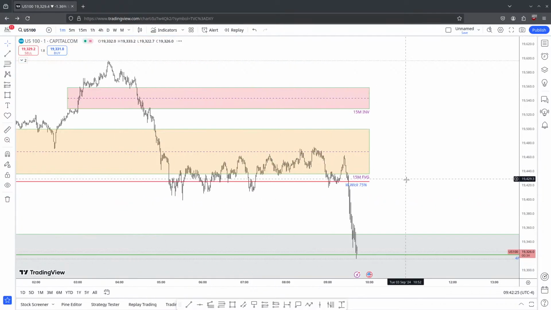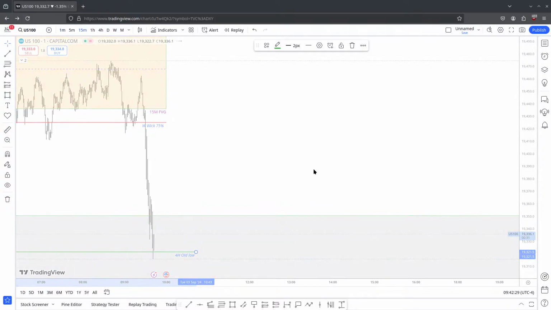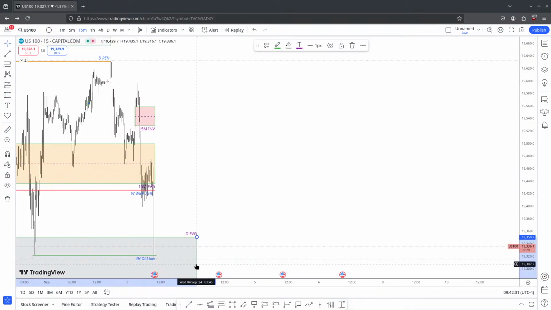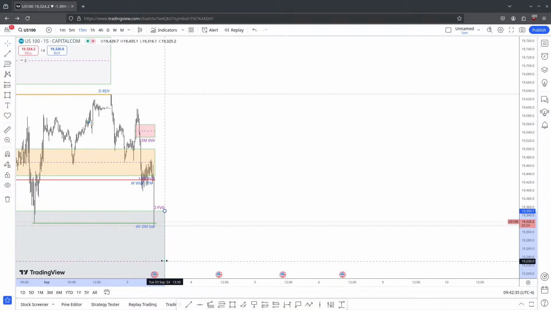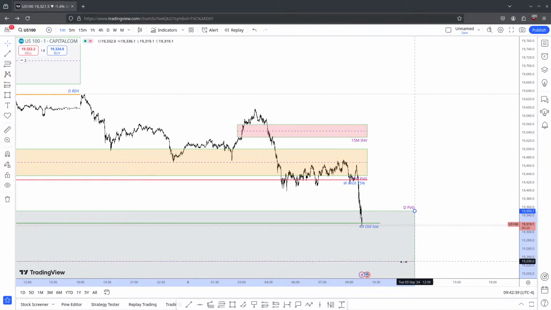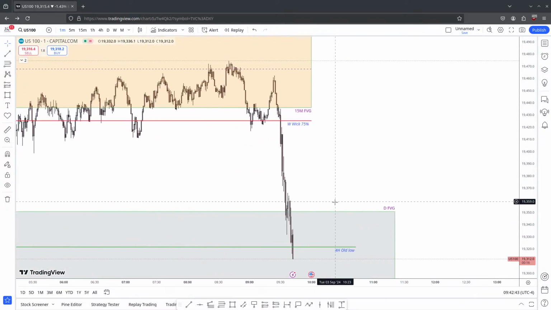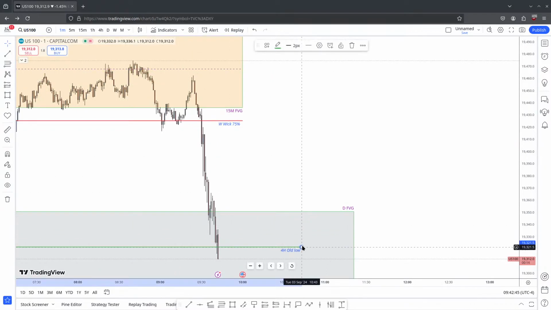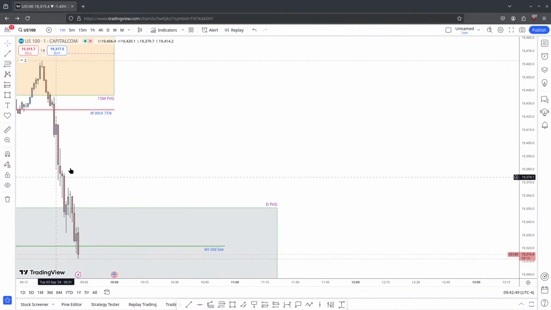So there's that liquidity. Hold on, let me just pull this stuff in. I don't want to go against this. I want to see price give us something to trade back up into.